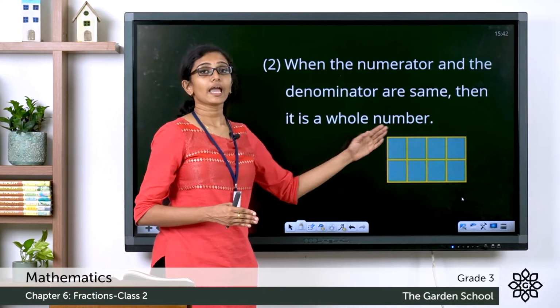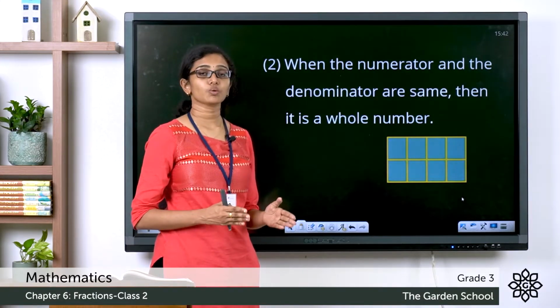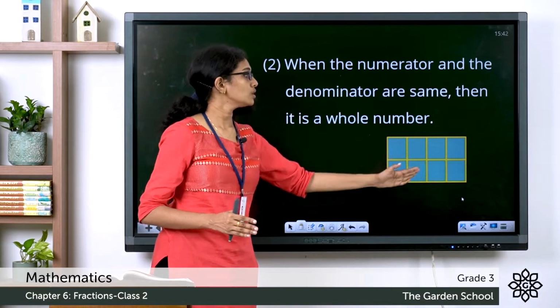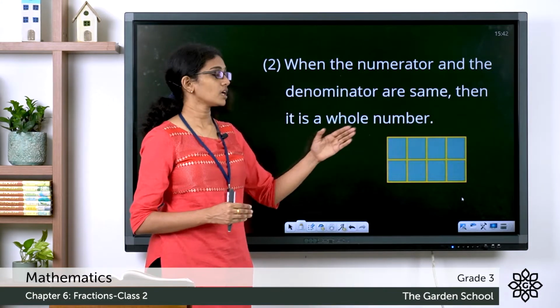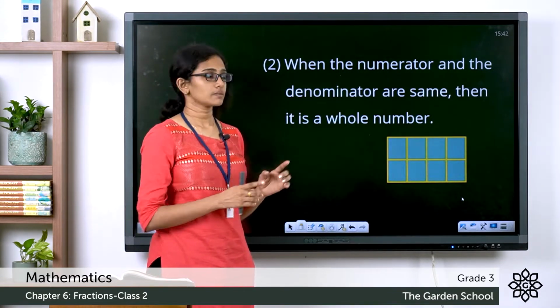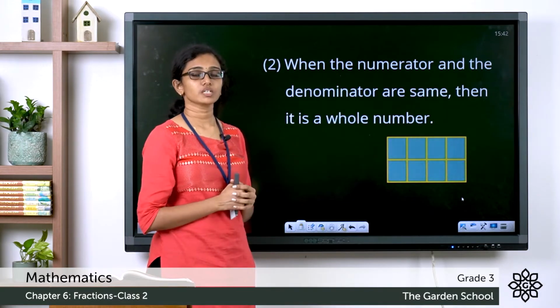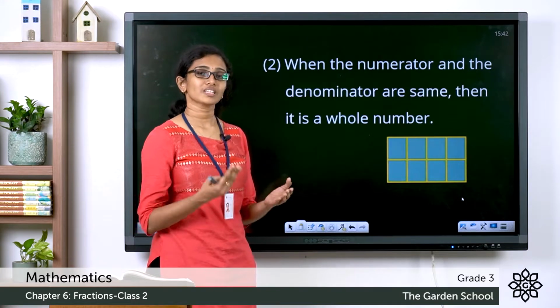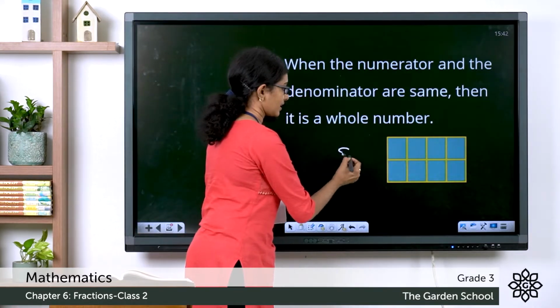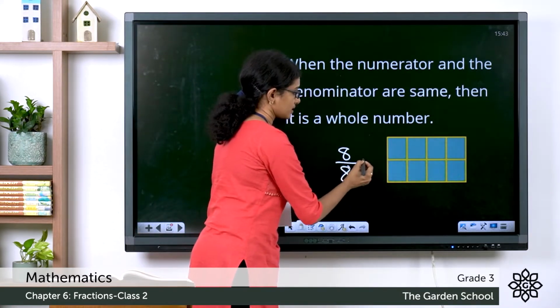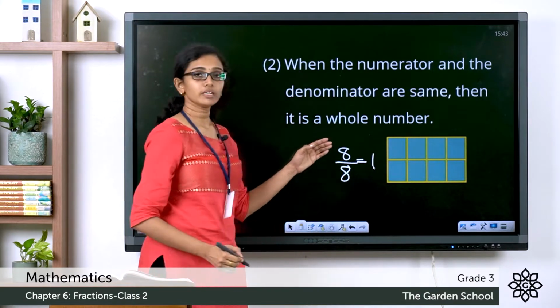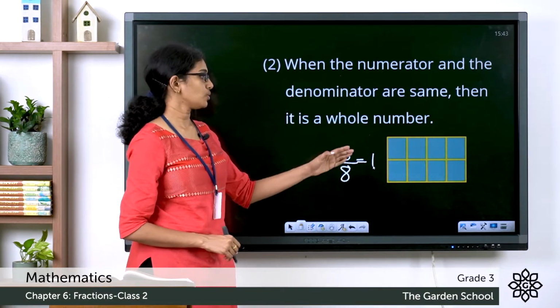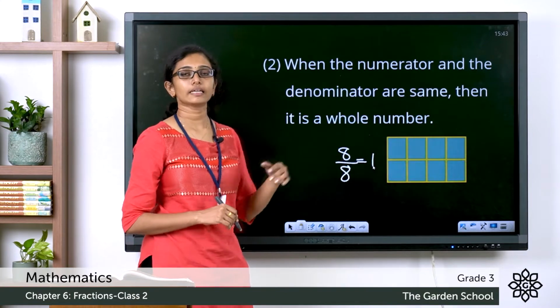It would be 8 out of 8, which is equal to 1, which means the whole figure is shaded. That means the one whole object is shaded, which is equivalent to the whole number or the whole object. So that is mentioned here. 8 out of 8 parts are shaded. Any number divided by that number itself is equal to 1, which means one whole in this case.